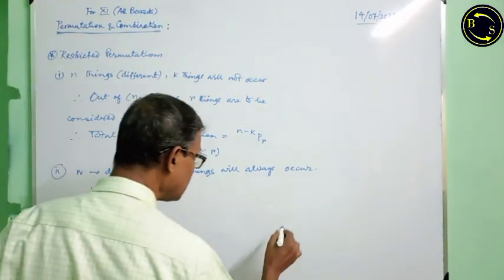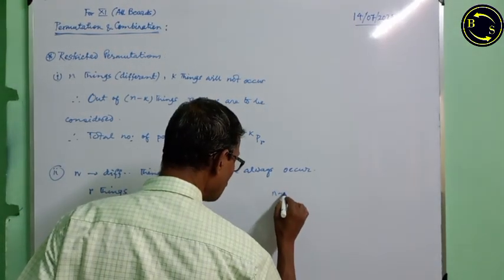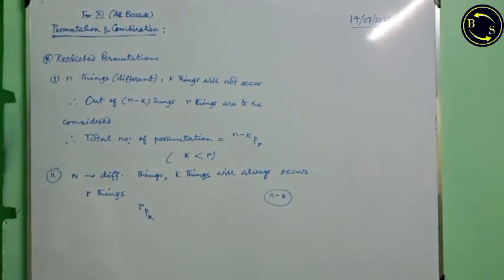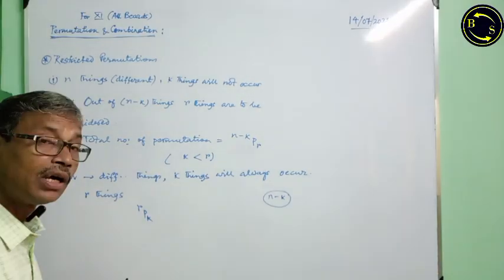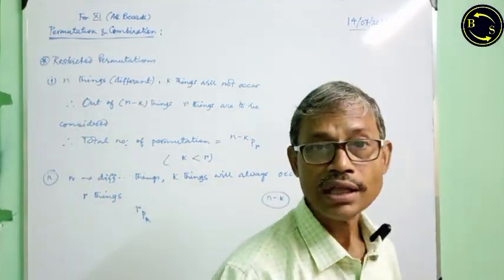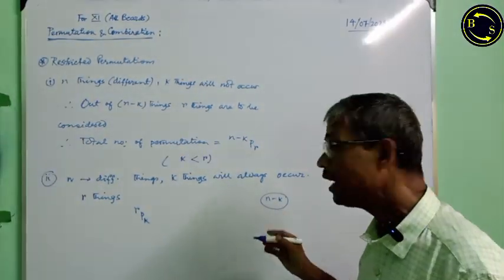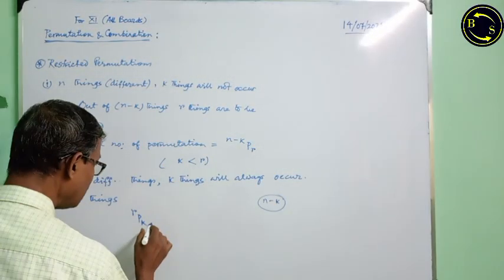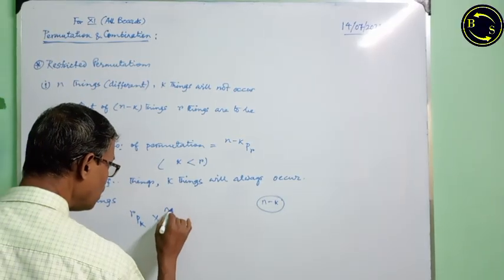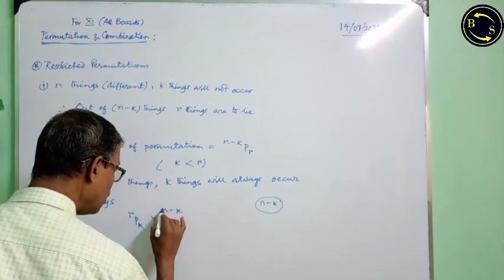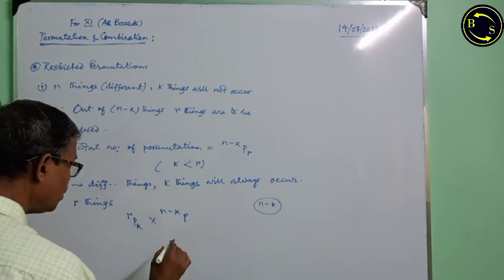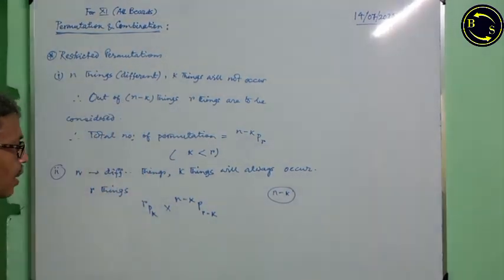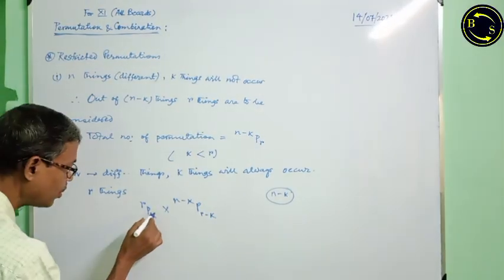Now k things already, we have taken k things out of R things. Then remaining things is n minus k. From that n minus k, already we have taken k things.